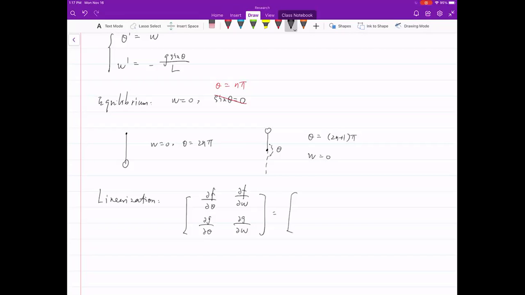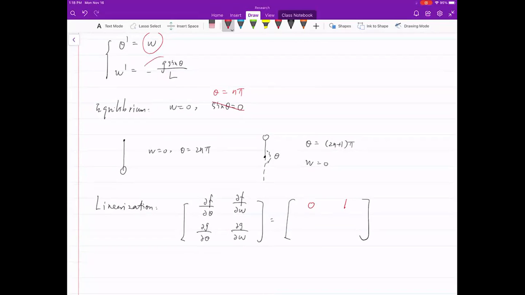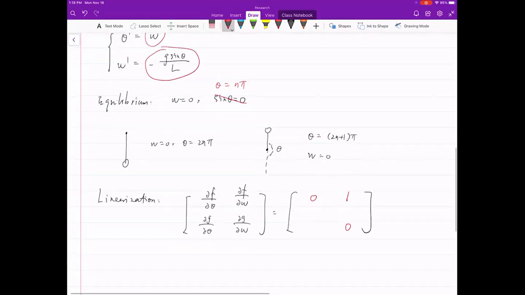That gives you: f doesn't have theta inside, so this is 0. This is going to be 1 if you take with respect to omega. Now, g here is basically the second equation. So you take the derivative with respect to omega, you get 0. With respect to theta, you have negative g over L cosine theta.